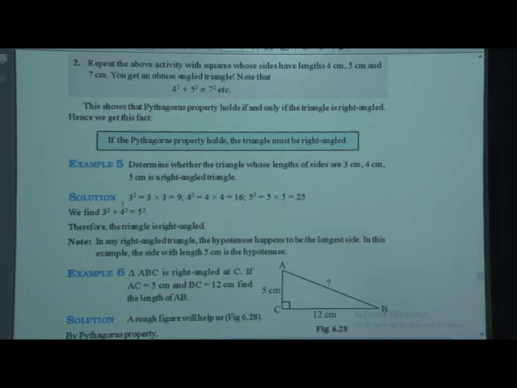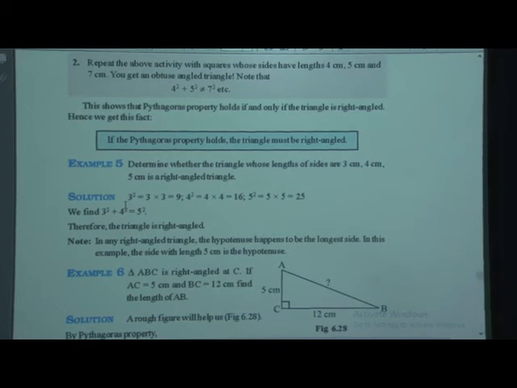So what will be the solution for this? Now you know that B square plus C square is equal to A square. Here 3 square is 3 into 3 is 9, 4 square is 4 into 4 is 16, and 5 square is 5 into 5 is 25.